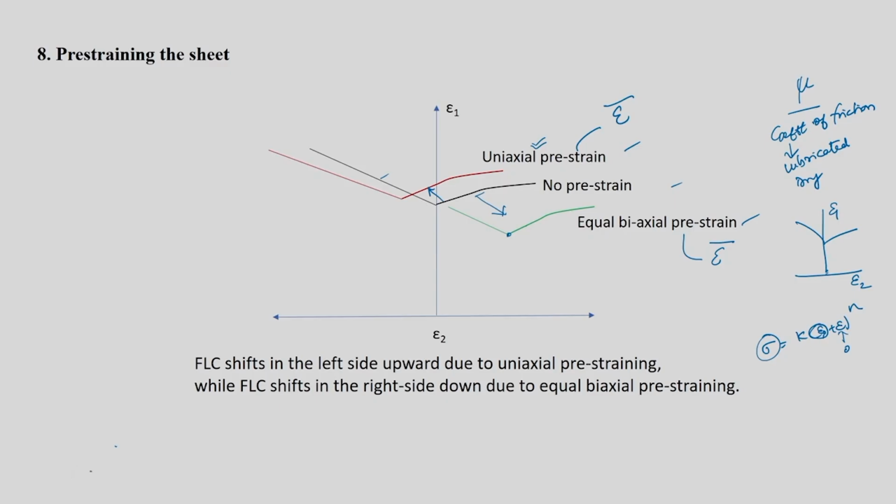Suppose you are using dry condition, you will reach the forming limit here, or you put any lubricant you want and then change it to some other lubricant. We don't know the characteristics of the lubricant, we don't know mu, but still one can study the effect.